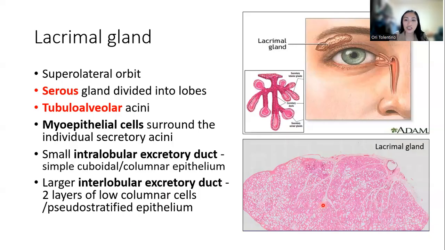The interlobular ducts are lined by two layers of low columnar or pseudostratified epithelium, while your intralobular excretory duct is lined by simple cuboidal or columnar epithelium.